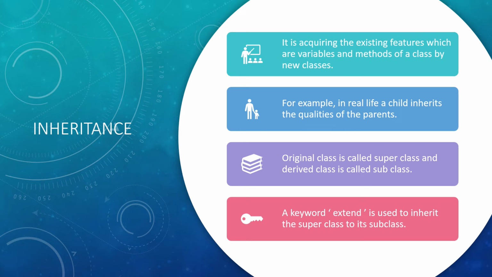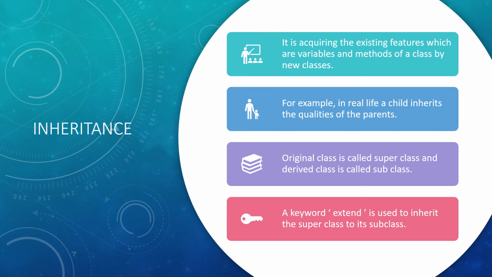Now let us talk about inheritance. Inheritance is acquiring the existing feature of a class by its subclass. So the features which are methods and variables of a class are acquired by the new subclass, and it will have certain methods also which will be the new methods.